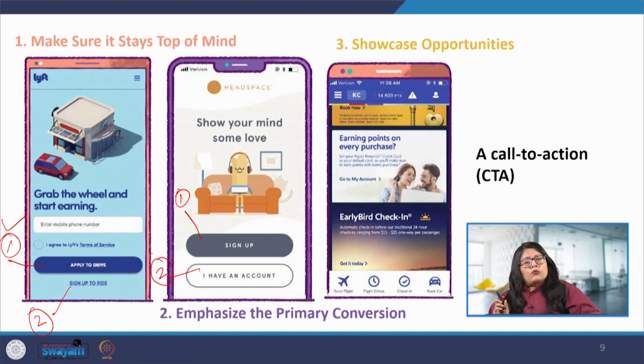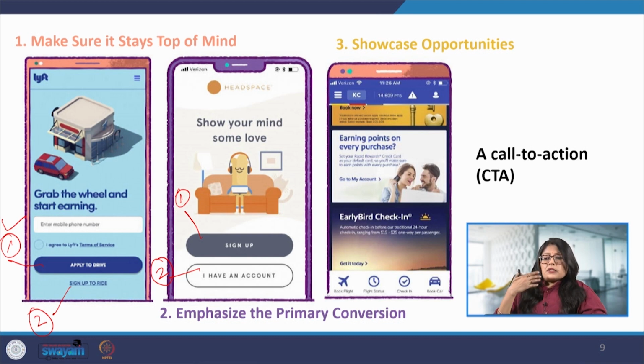So what could be the reason for such a difference in the way these two are appearing? Why it is like that is that in the second one, which is Headspace, they are looking for more people to sign up. They probably don't have enough people already who are using this particular application, so they are providing sign up as the first option.